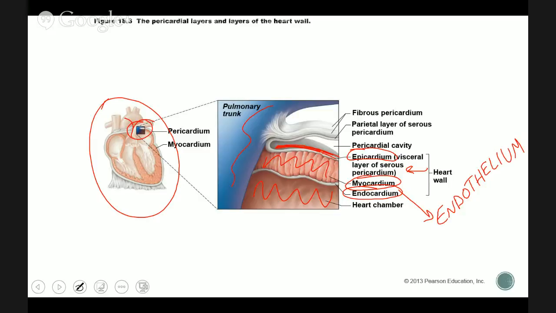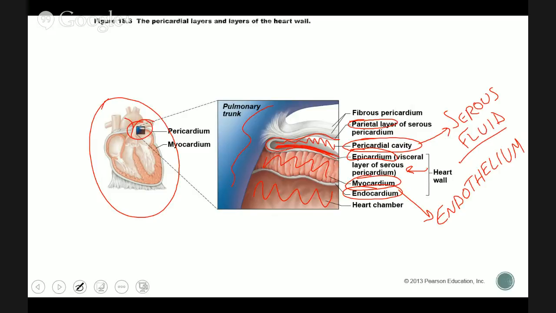Now, just like the balloon, the serous membranes are a sac, so you can actually see that sac will come and flip around. We got the other side of the sac, or the other side of the balloon, and that's going to be the parietal layer. And in between, we have a space, which is called the pericardial cavity, which is filled with a serous fluid, which is a very, very efficient lubricant.